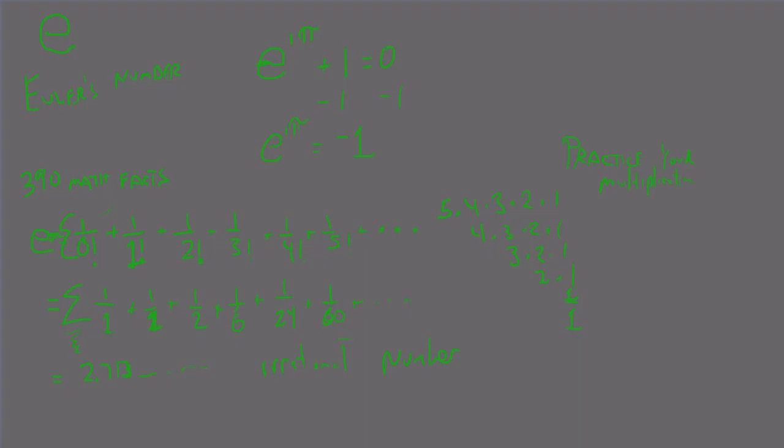So one of the routes to get 2.718, Euler's number, is the sum of 1 over 0 factorial plus 1 over 1 factorial plus 1 over 2 factorial plus 1 over 3 factorial plus 1 over 4 factorial plus 1 over 5 factorial and so on, which turns out to be this.